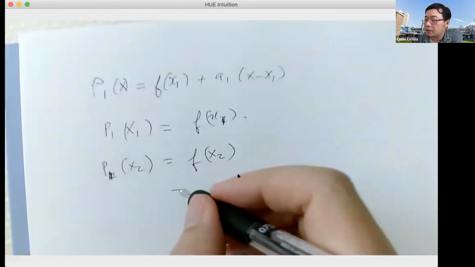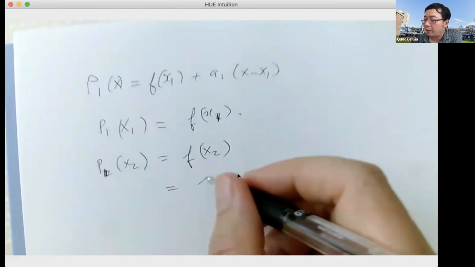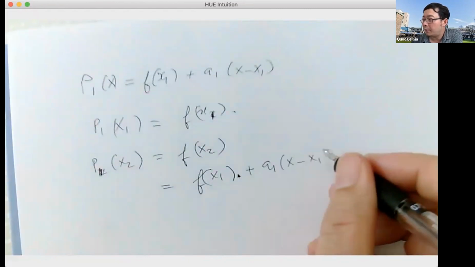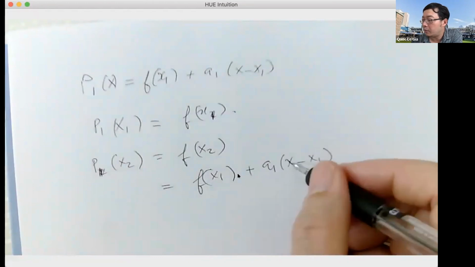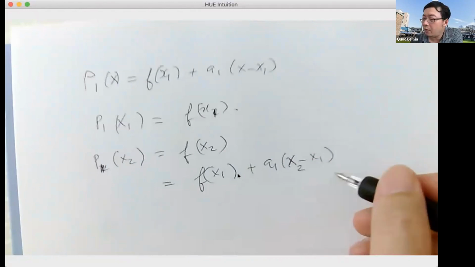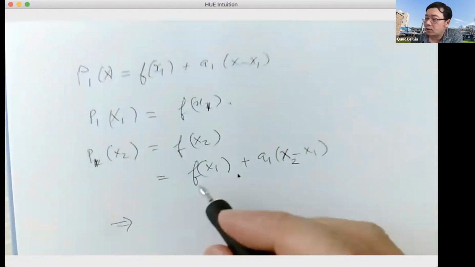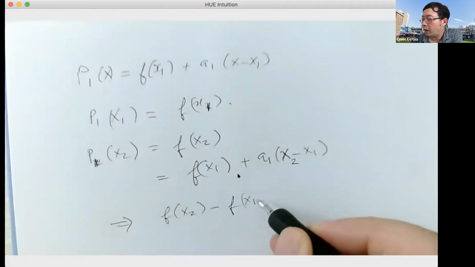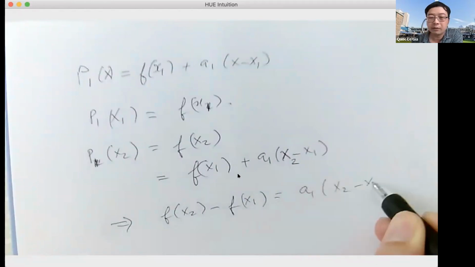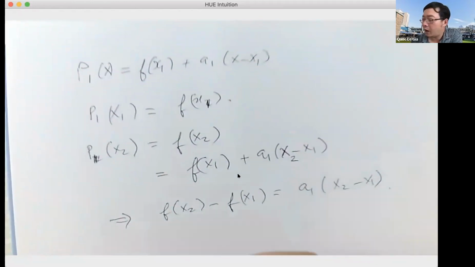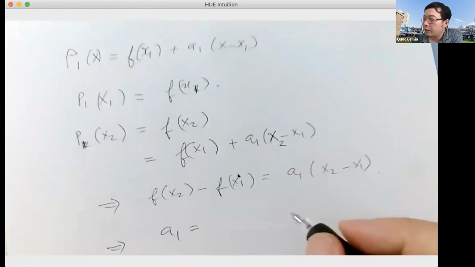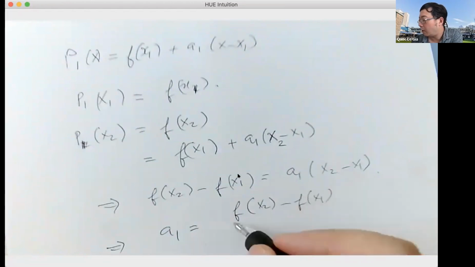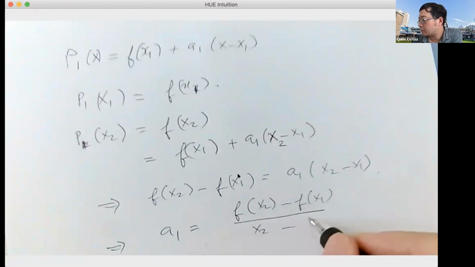And then you just plug it in. So then it's equal to f(x1) plus a1 times (x2 minus x1), right? And so therefore you have the equation f(x2) minus f(x1) equals a1 times (x2 minus x1), right? And then therefore a1 is just equal to (f(x2) minus f(x1)) over (x2 minus x1), right?